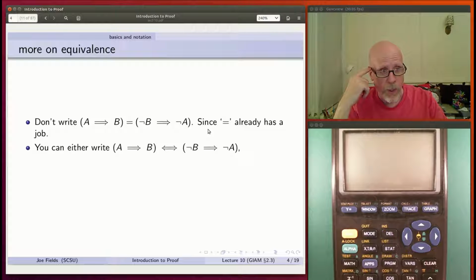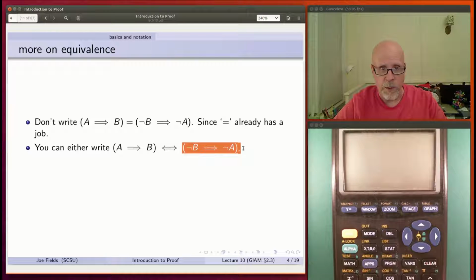So what can you do? You can write the two conditionals, the original A implies B and its contrapositive on the right, and in between, we put parentheses around them because it's not clear what the precedence of operators is between the double-headed and the regular arrows. Some people say the regular implication has higher precedence, so we wouldn't need the parens. Other people say these are all at the same level.